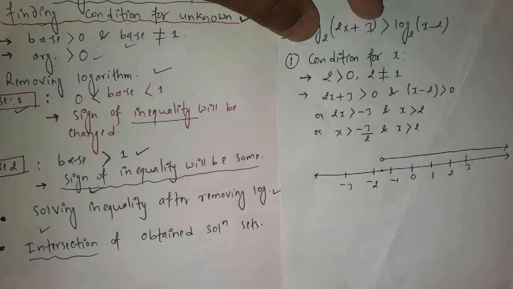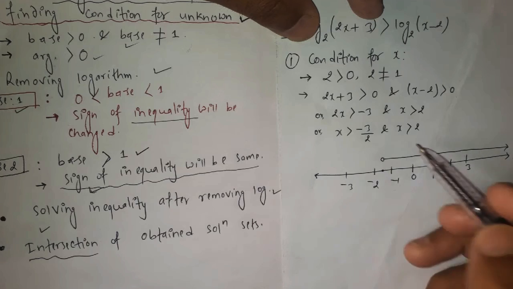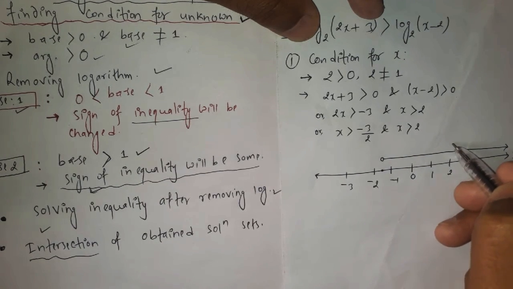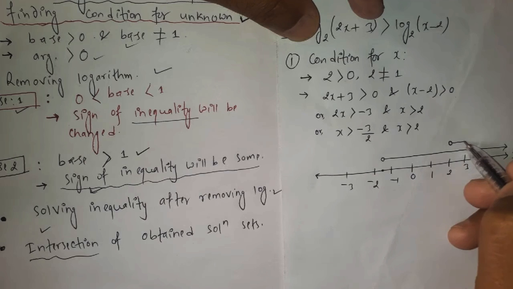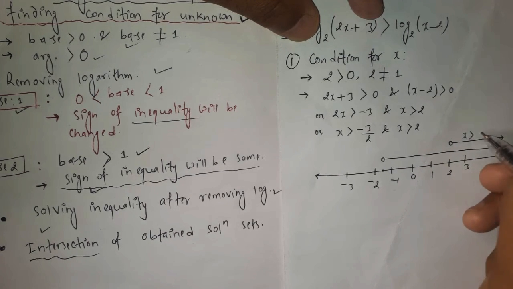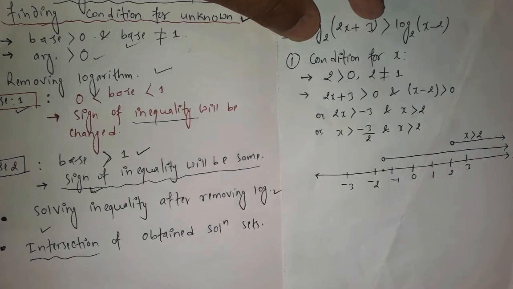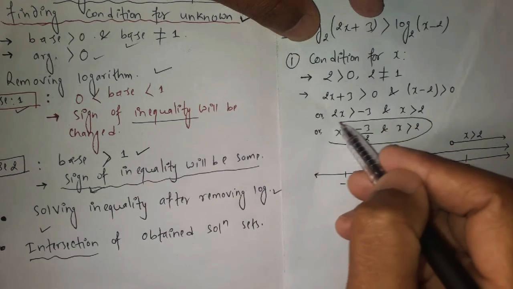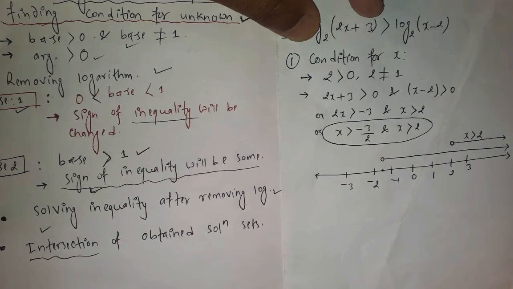Similarly, we can plot the second inequality, x more than 2. The 2 is not included, so it is an open circle, and this part is for x greater than 2. Here we made the number line which satisfies this inequality.